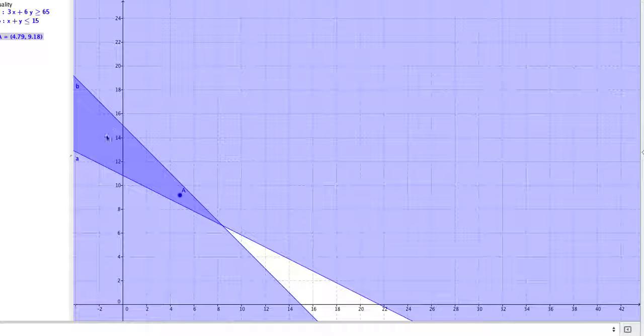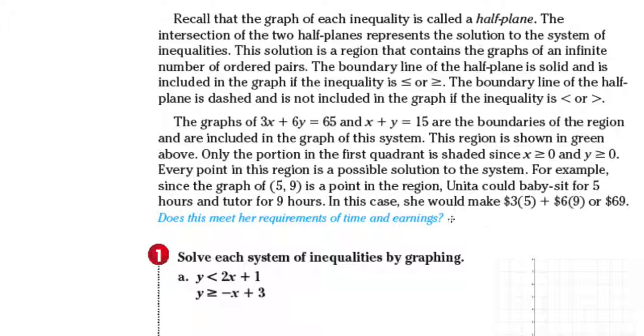If (5, 9) is one of the solutions, what does that mean? It simply means that Unita could babysit for 5 hours and tutor for 9 hours. In this case, she would make 3 times 5 plus 6 times 9, or $69 per week.